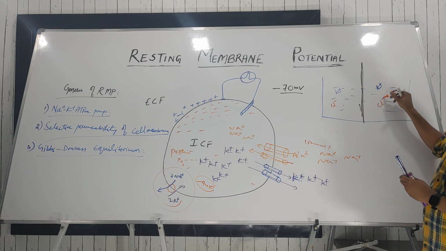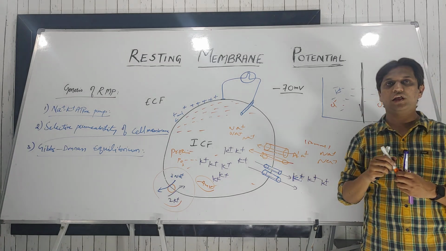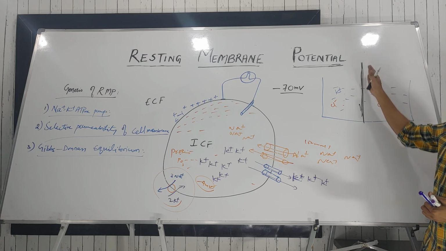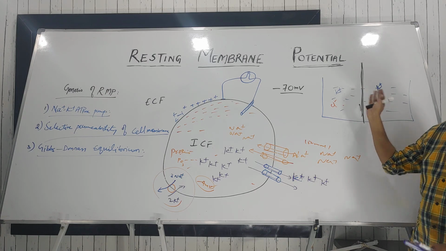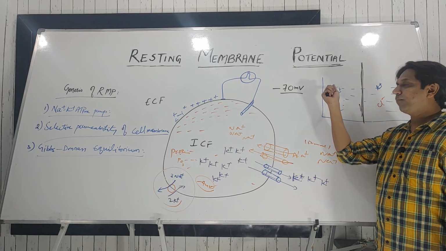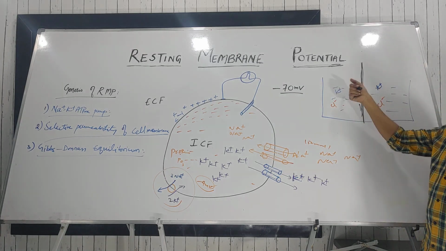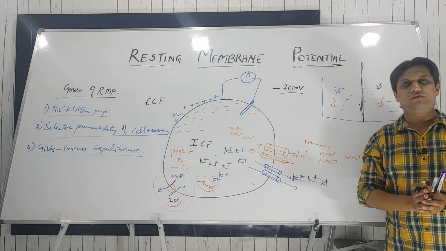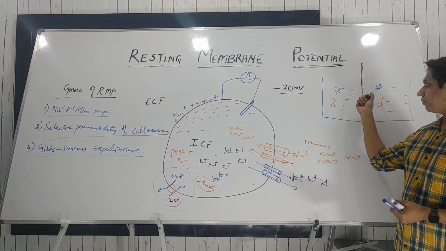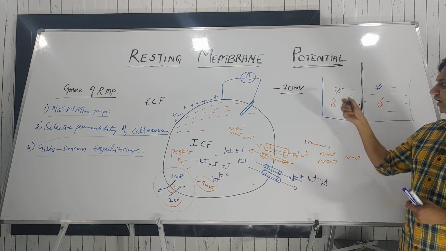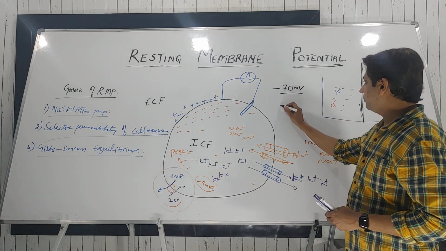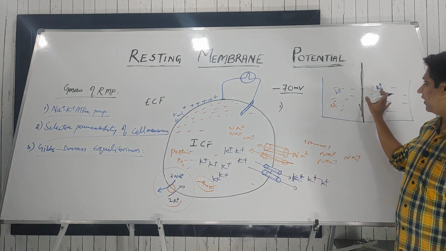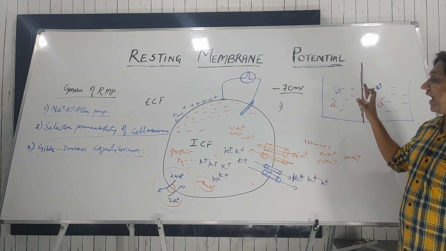According to the Gibbs-Donnan equilibrium, this semi-permeable membrane allows diffusible anions and cations. Cations are positively charged, so potassium can diffuse from higher concentration to lower concentration. Similarly, chloride can also go. So at equilibrium, what does it state? It states two things. One is that at equilibrium, the solution will be electrically neutral.